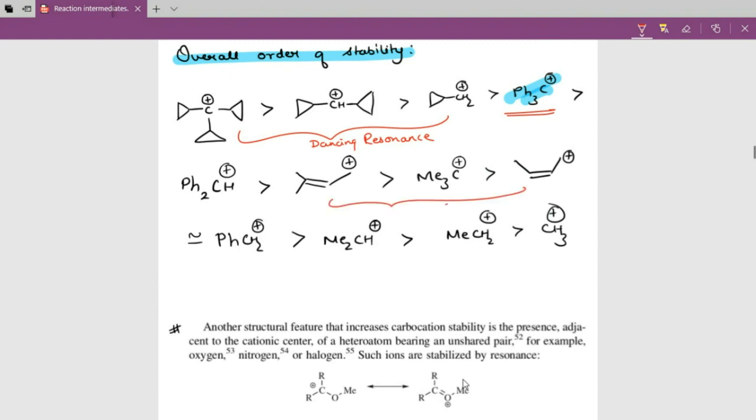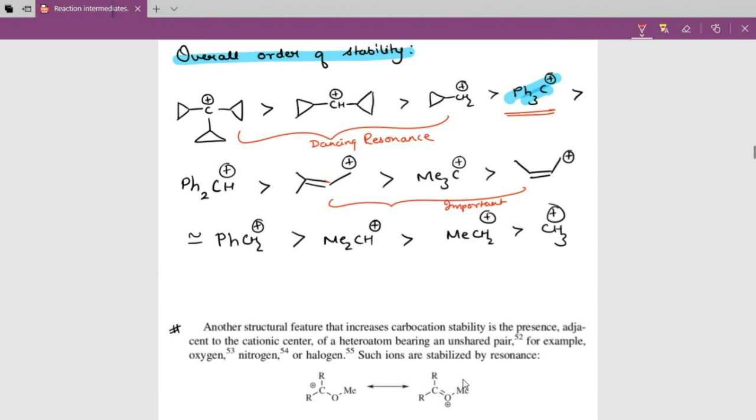Now here is an important junction. Please mark this. Important junction in case of carbocation stability. See, a 3-degree carbocation is more stable than benzyl and allyl. But yes, if it is a 3-degree allyl carbocation, then it is more stable than a normal 3-degree.